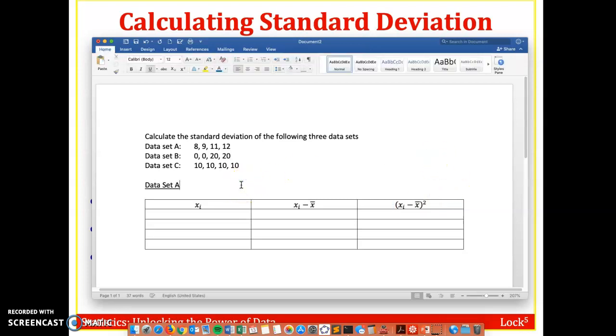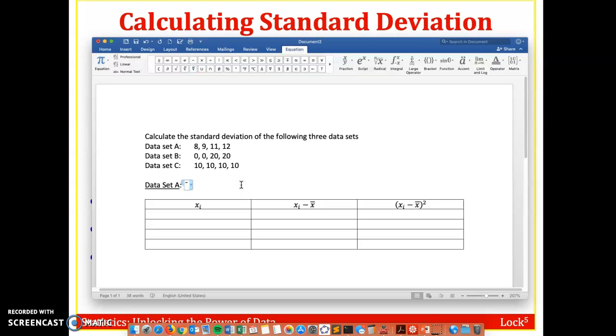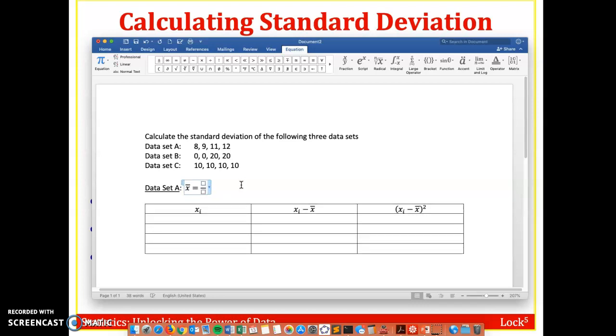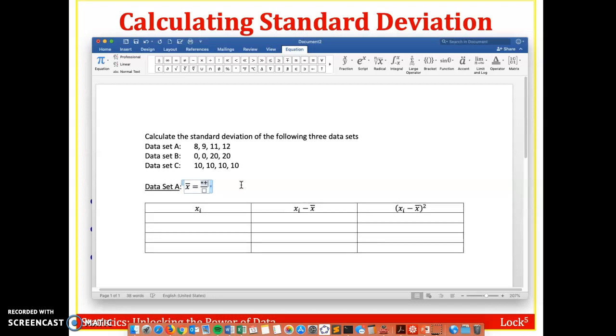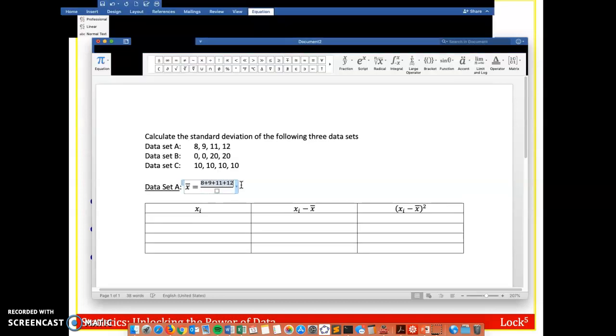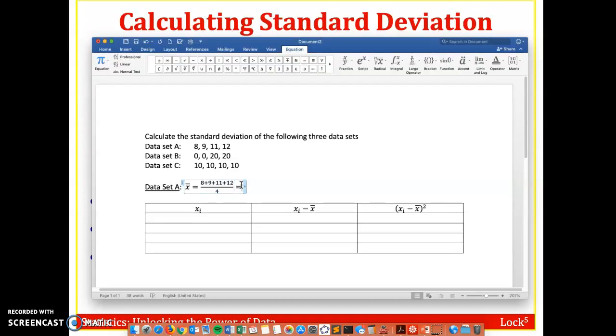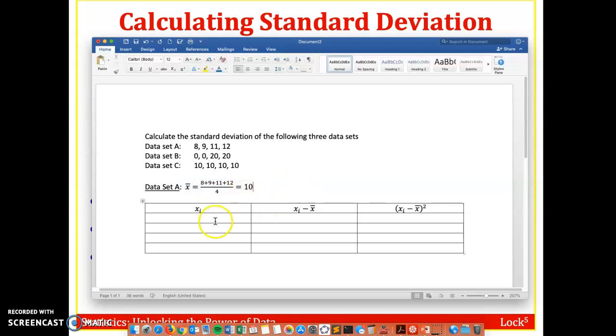So the first thing we have to do is figure out, well, what is the average between these 4 data points? And again, we would add them up: 8 plus 9 plus 11 plus 12, divide by 4, and you should get 10. So our mean is 10.